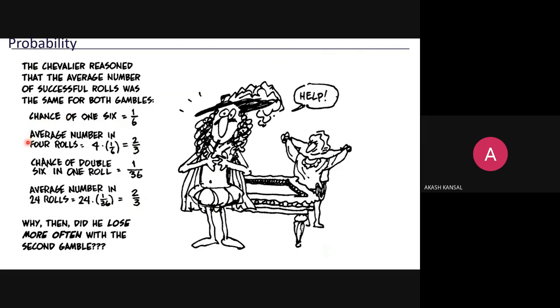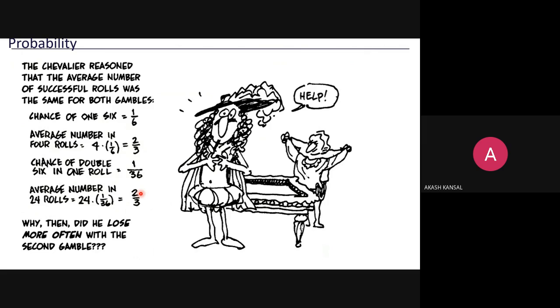For event one, the chance of getting a 6 is 1/6, and since there are four rolls, the chance of getting a six in any of these four rolls is 4 times 1/6, which will be 2/3. Now the second event, in which he's rolling a double die, the chance of getting a double six is 1/36, and since the roll is done 24 times, the chance is 2/3.